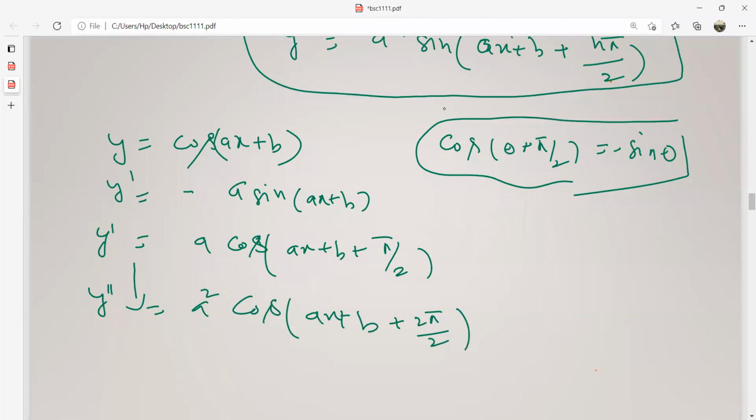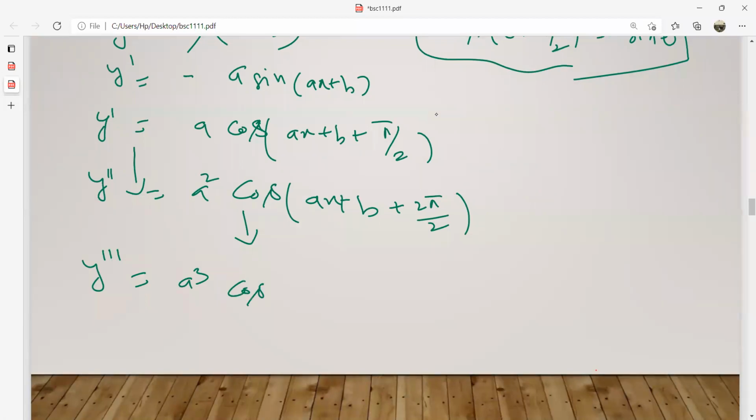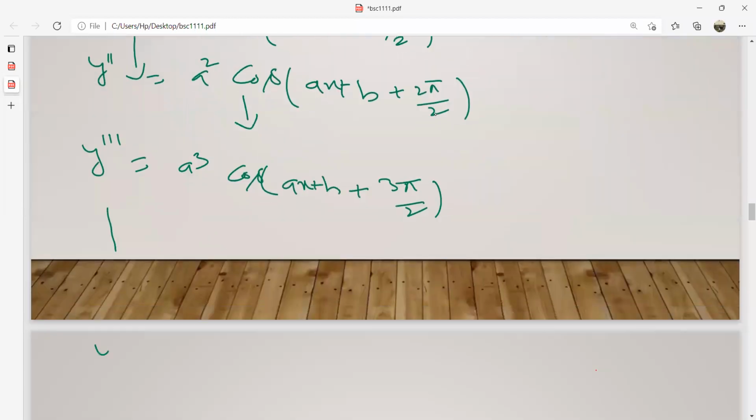Here don't cancel out 2 by 2, because we have to find one pattern for the n-time derivative. If we differentiate this 3 times, a cube cos ax plus b plus 3 pi by 2. And similarly, if we differentiate this function n times, y to the power n is a to the power n cos ax plus b plus n pi by 2.